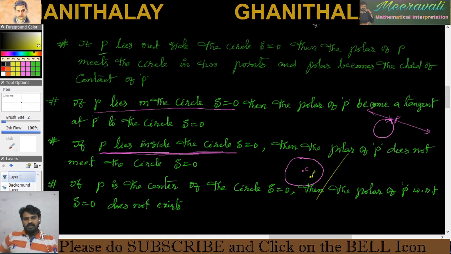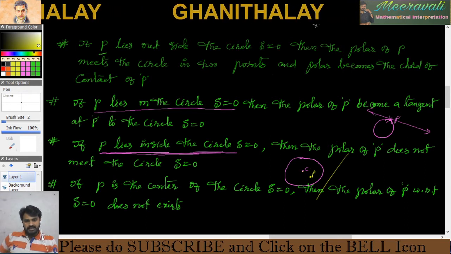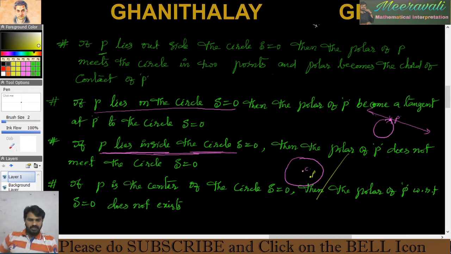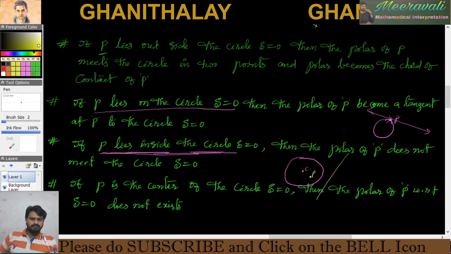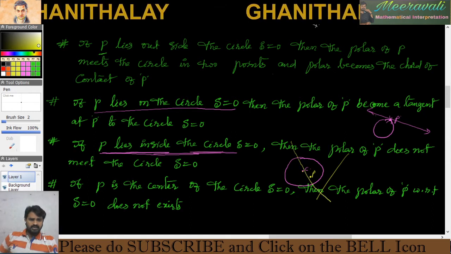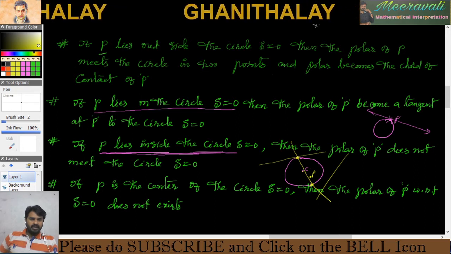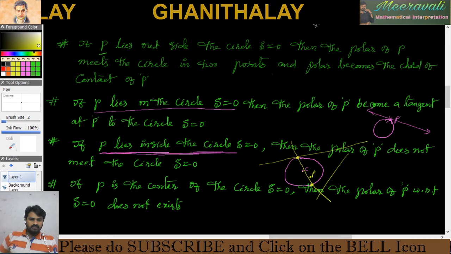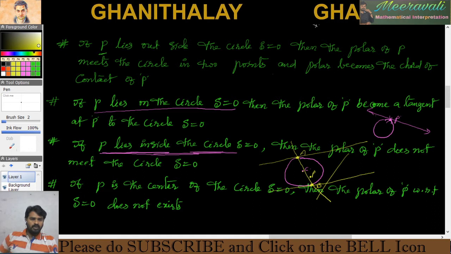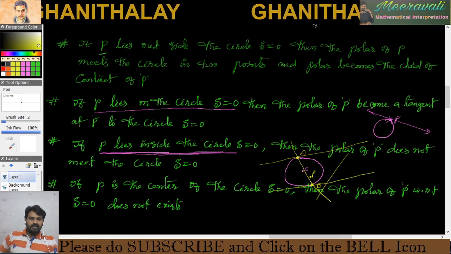Suppose you take a point interior of the circle and that point is the center. In this case the polar does not exist, because if you draw an intersecting line through the center, it will meet the circle at the ends of the diameter, say A and B. If you draw the tangents there, there will be no point of contact, because at the ends of a diameter the tangents are parallel to each other.